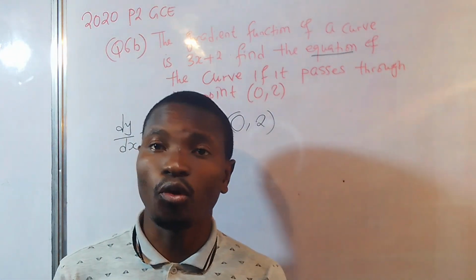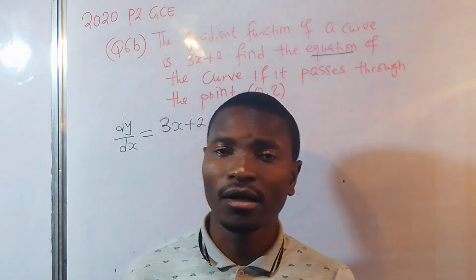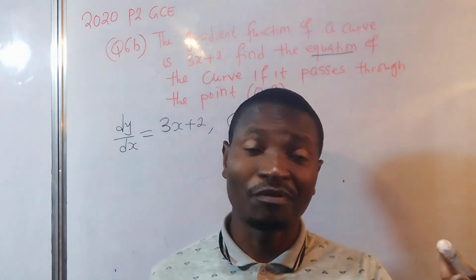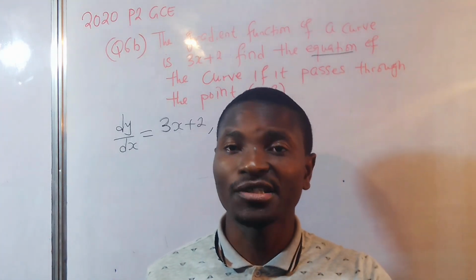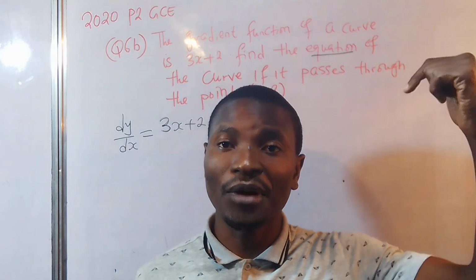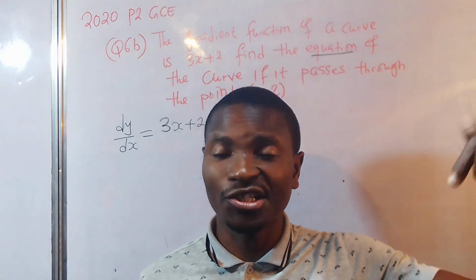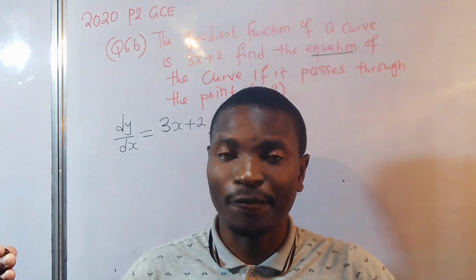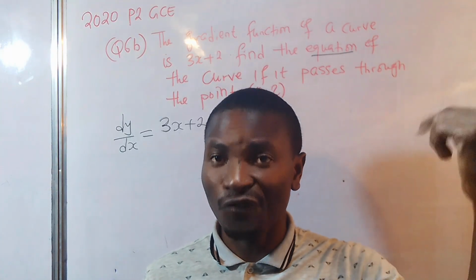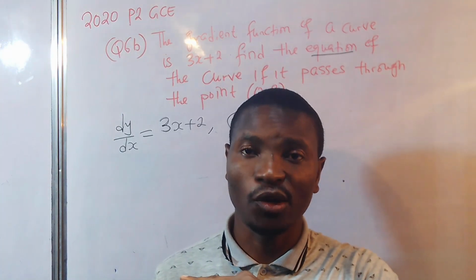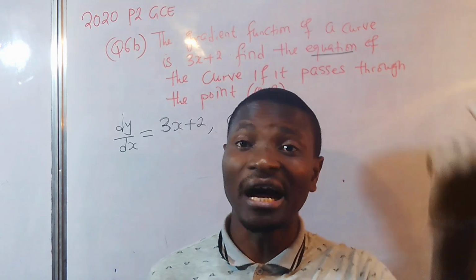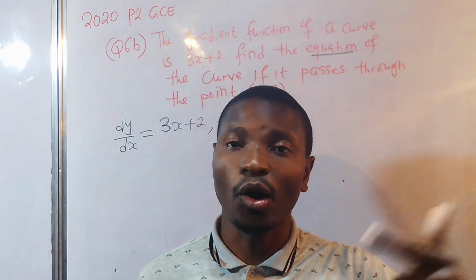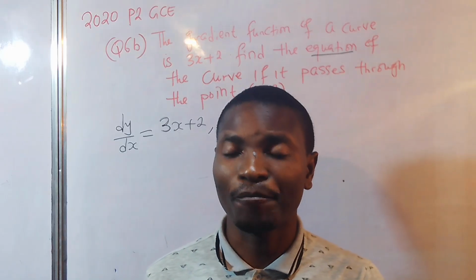The first principle in answering this question is that we just have to integrate. Once we integrate, we go back to the original equation the way it was before it got differentiated. The process of reversing this gradient function back to the original function is what we call integration.